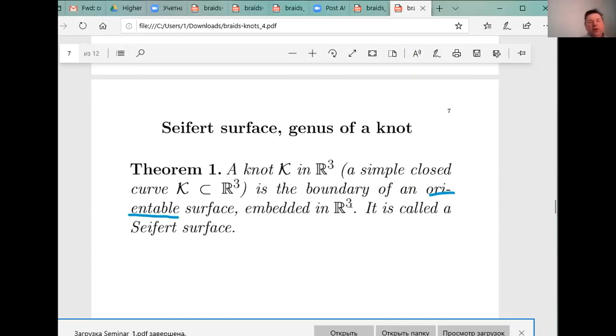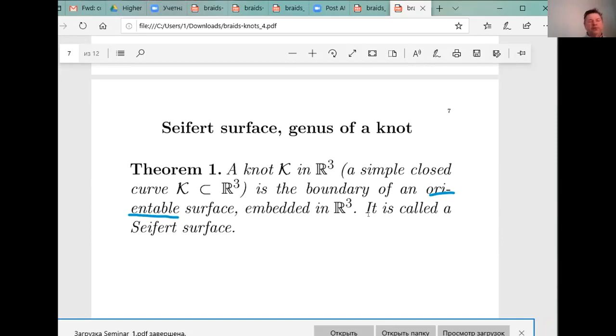So there is no self-intersection, nothing. It is just the usual embedding of the surface in R3, and it is called a Seifert surface.